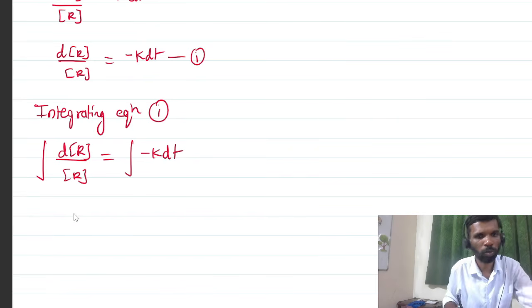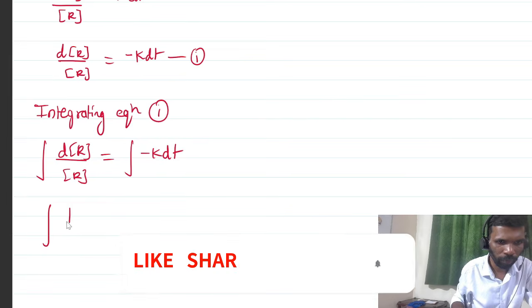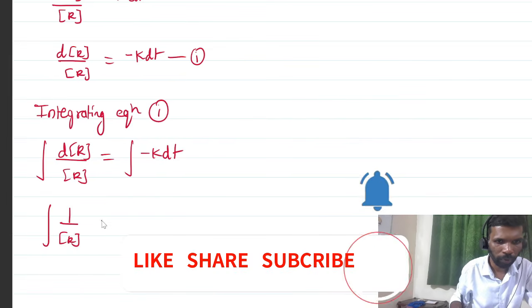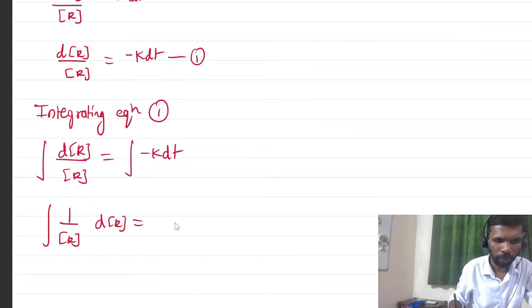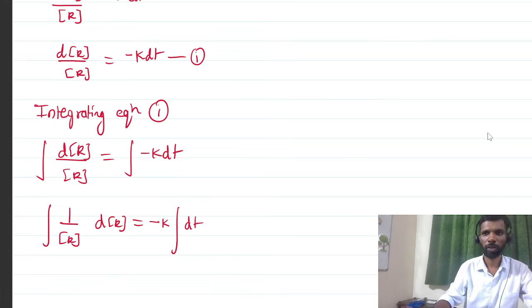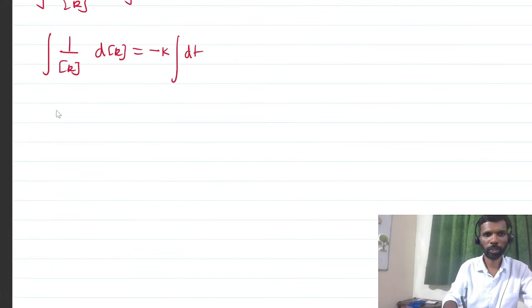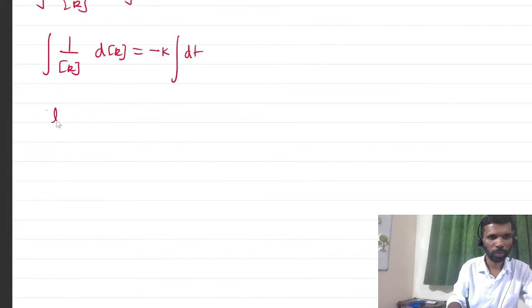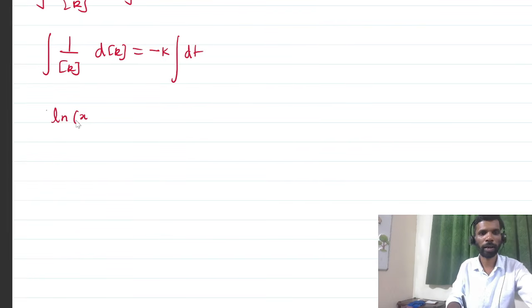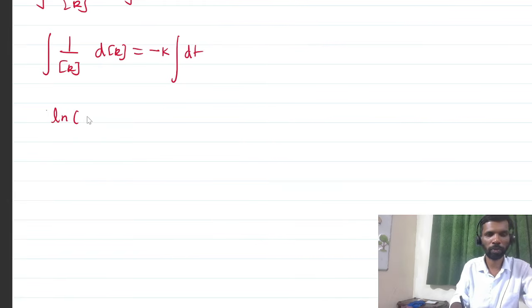So this term could also be written this way: integral of 1 by R dR, and minus K will come out, and I'll write integral of dt. So integral of 1 by x dx is what? ln of x, right? Over here 1 by R dR will be ln of R. This side it is minus Kt plus C.